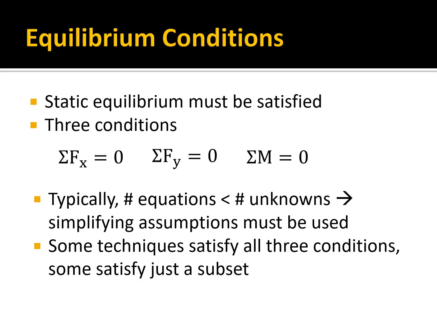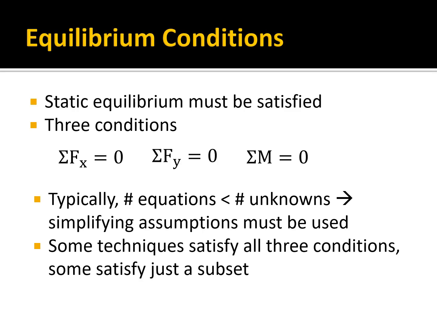Another thing I mentioned is that when we calculate the stresses along the failure surface, we have to ensure that static equilibrium is satisfied. So we sum the forces in the x direction, sum the forces in the y direction, and sum our moments, and we often break the slope up into smaller individual parts.